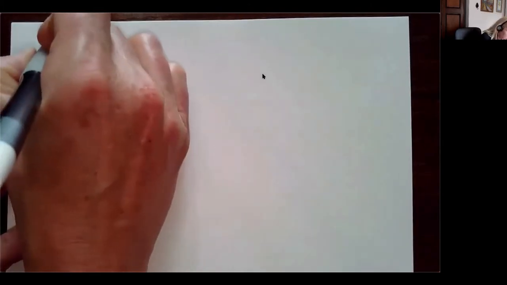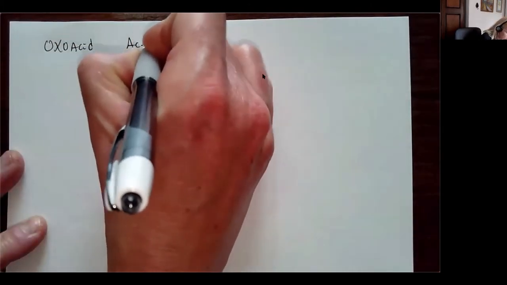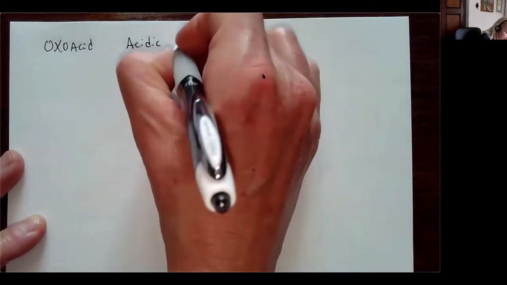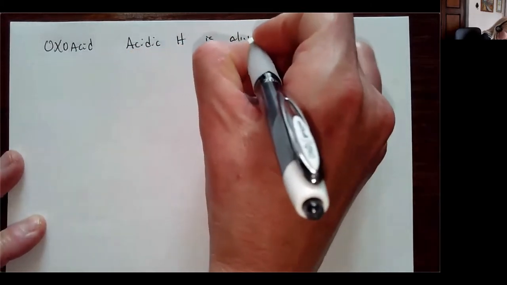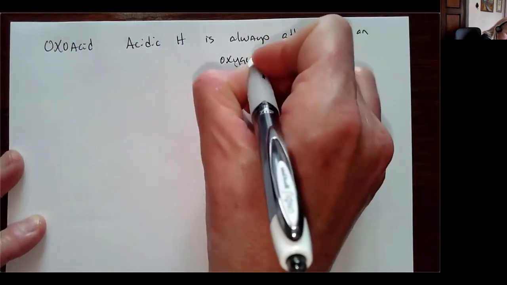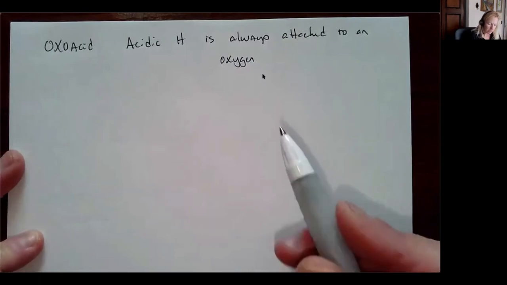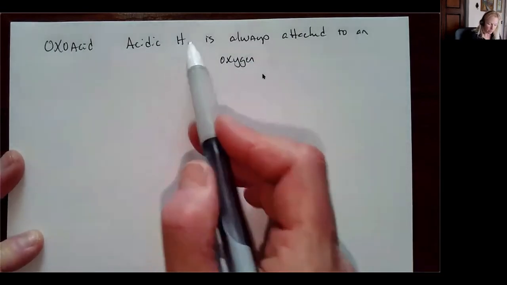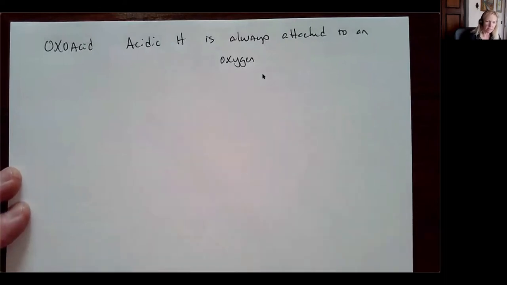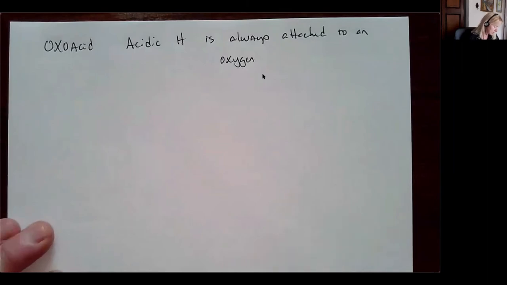So in an oxoacid, the acidic hydrogen, meaning the hydrogen that's going to be donated, is always attached to an oxygen. So these should be very similar, right? If I'm just looking at the bond between hydrogen and what it's attached to in an oxoacid, they're all the same. But oxoacids have varying acid strengths, so there must be something going on.